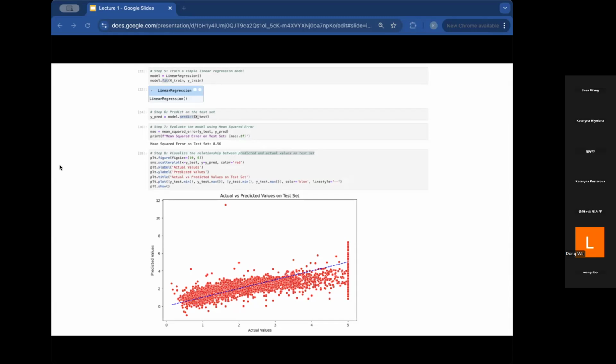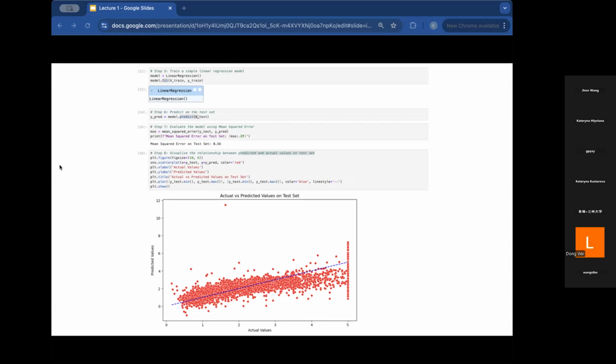At first glance, this seems extremely simple, but without understanding how the algorithm works, we won't be able to build a model effectively. After training, we used the test set X_test to predict the target value, y_pred.